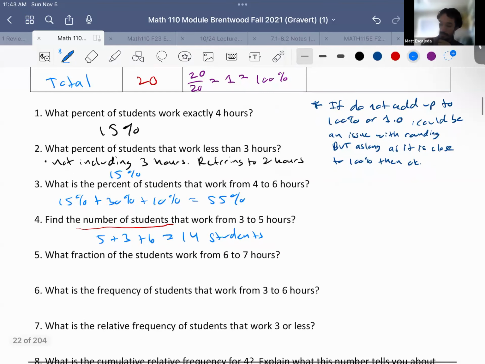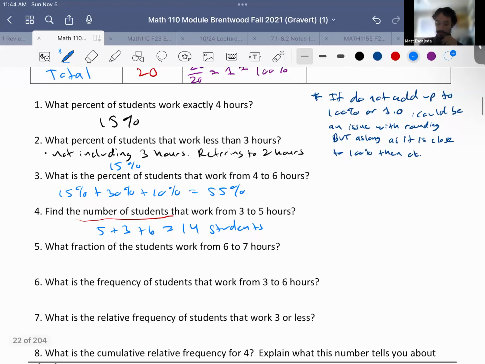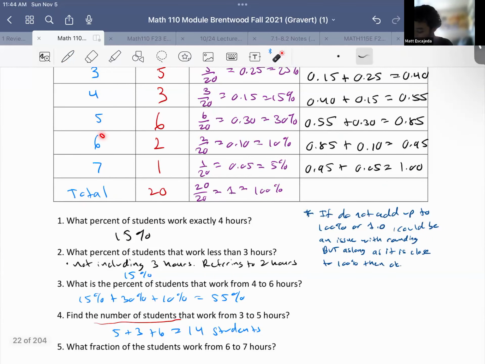Okay, so now what fraction of the students work from 6 to 7 hours? Okay, so we're looking at 6 to 7 hours. That's in this part right here. We're talking about a fraction, right? We're not talking about percentages, so we're gonna look at these fractions here.